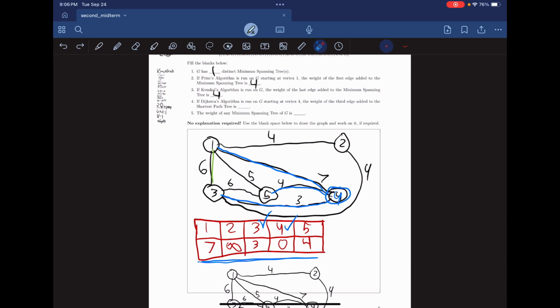And then it compares that to the current distance between 1 and 4 already in our table. So in other words, is 6 plus 3 greater than or less than 7? 6 plus 3 is greater than 7, and so we know that this new edge between 1 and 3 would not help our shortest path tree to be any shorter. So in actuality, we don't want to add this edge to the system.